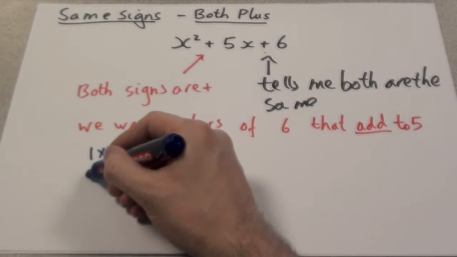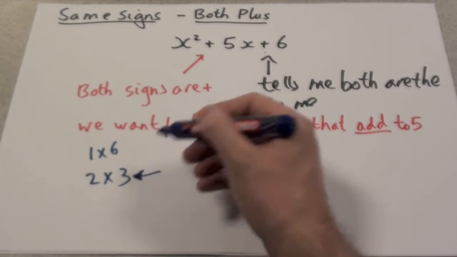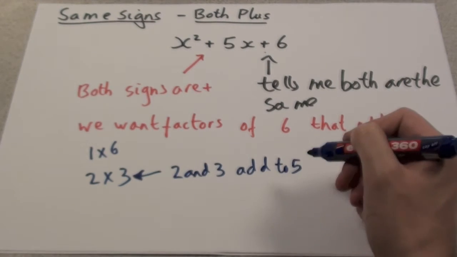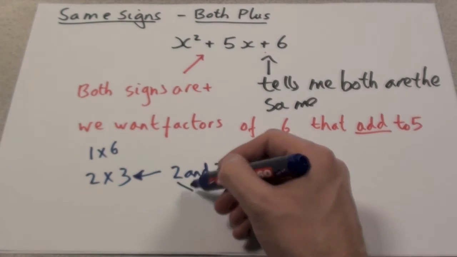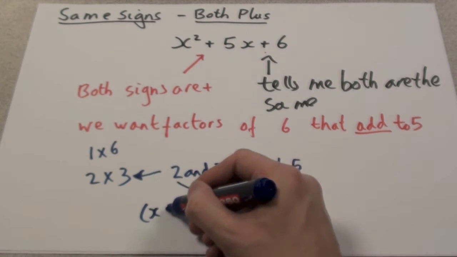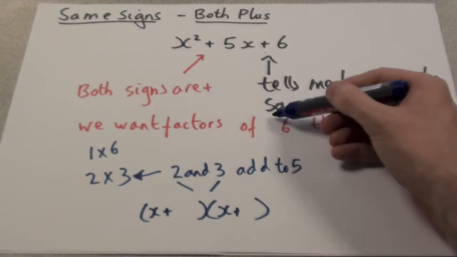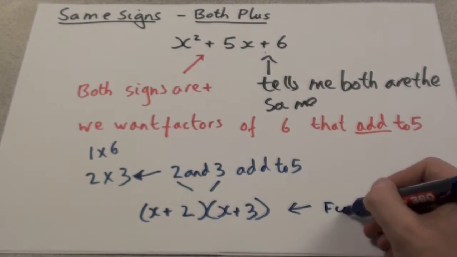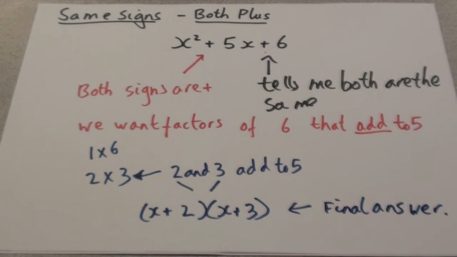So we go through these: 1 times 6, 2 times 3. We stop at 2 times 3 because 2 and 3 add up to give us 5. We take our factors and put them into our brackets, preceding both brackets by x and plus, because both signs are the same and both signs are plus, and we just put our factors into either one. This is our final answer.